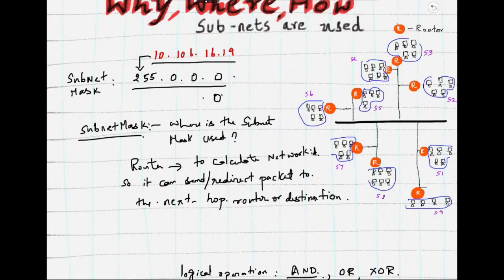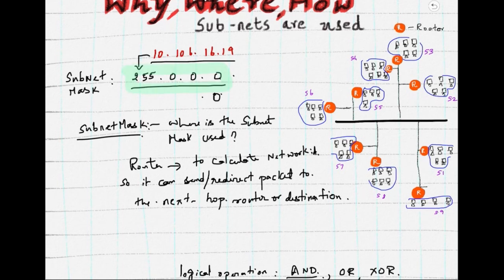Let us take an IP address in the class A address range and see how the network ID is calculated for any address. The default subnet mask in a class A address range is 255.0.0.0. Now, where is the subnet mask used?